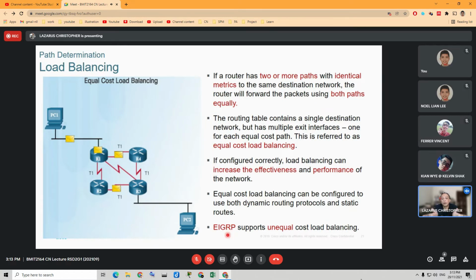If you have three paths, the load is shared between the three paths. So it's a way to make your network not only redundant, but also more efficient, because you have multiple paths between networks. You can see here three paths.